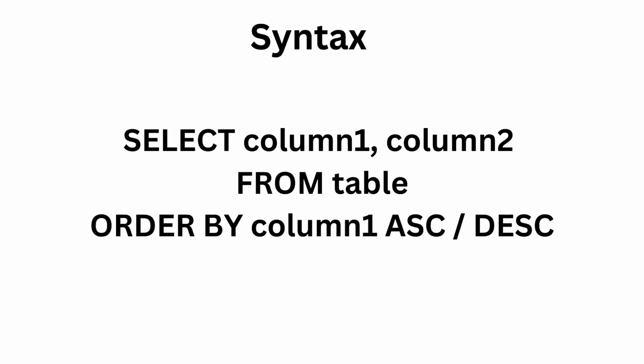The basic syntax for an order by statement would be as follows. We select whatever columns we want from the table, and then we decide to order by a specific column. And then optionally, you can add in ASC or DESC, whether you want that ordering or sorting to be ascending or descending. Notice the order by towards the end of the query, since we want to do any selection and filtering first before finally sorting.